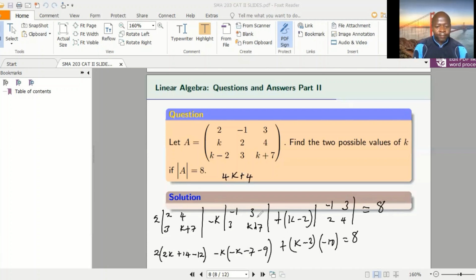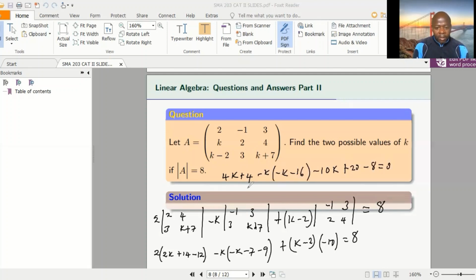What about here? Here I have negative k into negative k, negative 16. What about here? I have negative 10k plus 20 minus 8 is equal to 0. So I've taken this 8 to the other side of the sign.